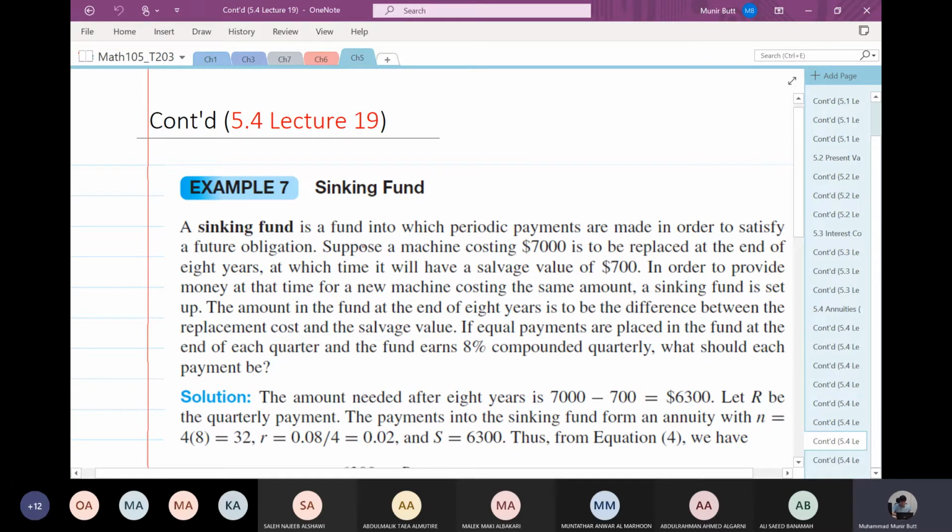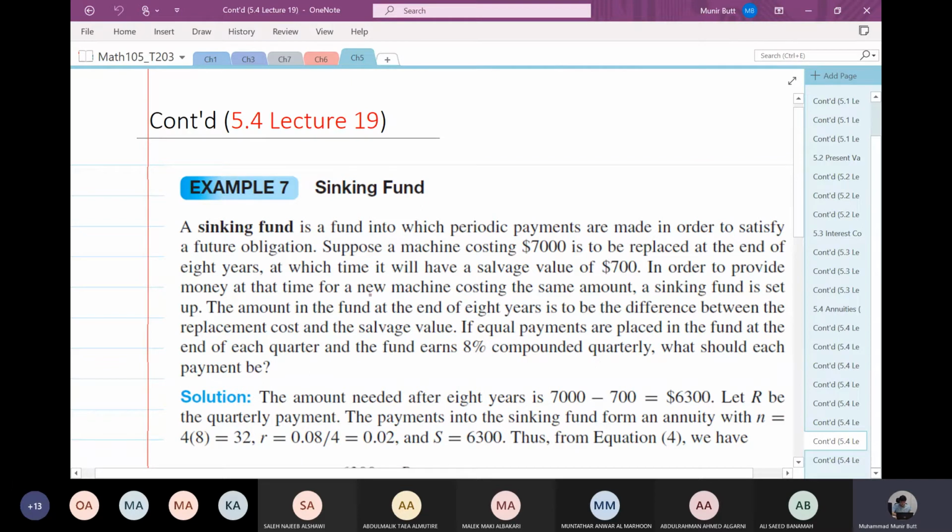Okay, so for example, if you have a machine, it has some life, and after some years, that machine needs some repair. Because if you get any new machine, after a certain period of time we have to repair it.